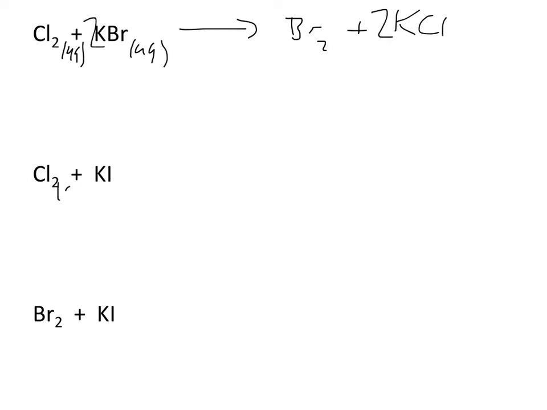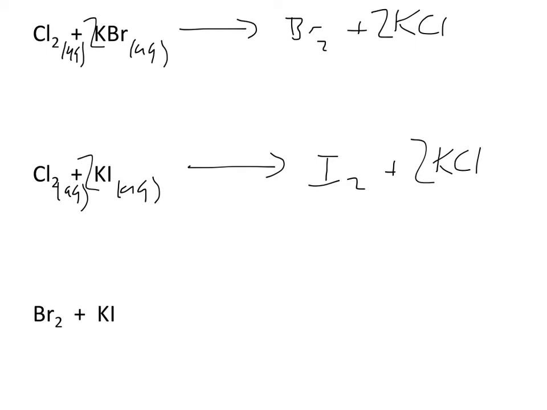We also said that chlorine was able to displace iodine from potassium iodide. So here's the iodine being formed and potassium chloride again. And the other reaction we said that would work was that bromine was reactive enough to displace the iodide to form iodine.